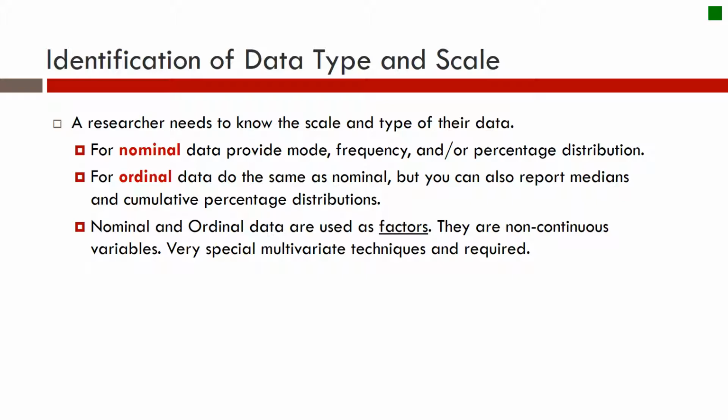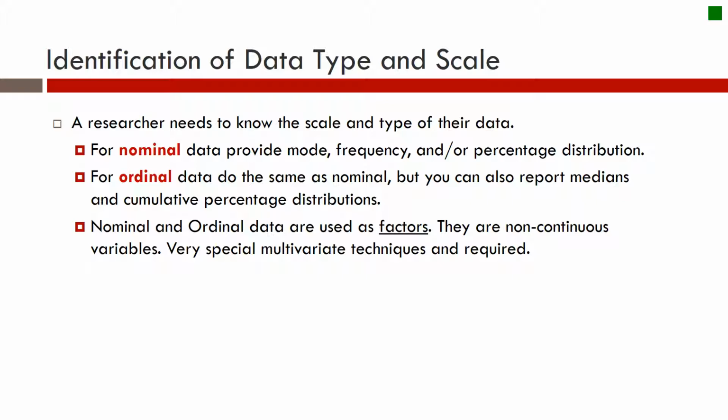But again, you're talking about modes, frequencies, percent distributions. You can do cumulative distributions or percent distributions, cumulative frequencies, in other words, as well. With nominal and ordinal data, we think of them as our factors as opposed to variates or variables.